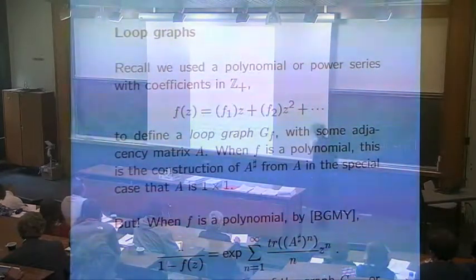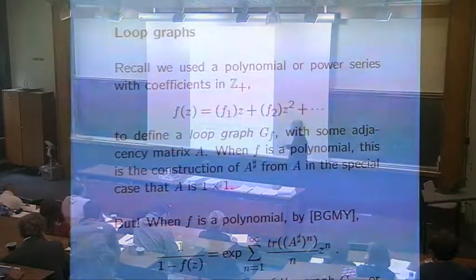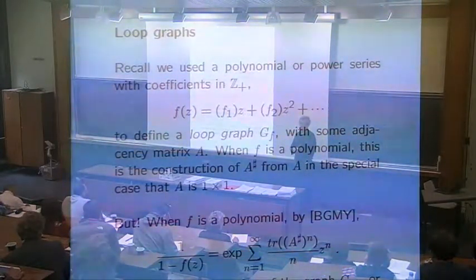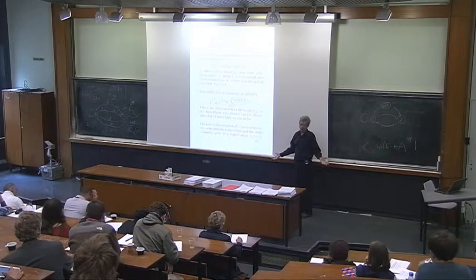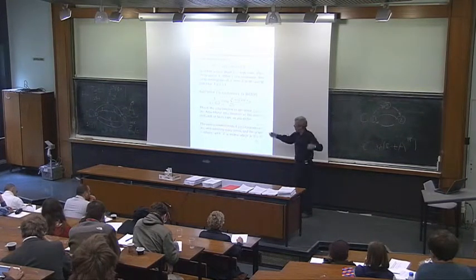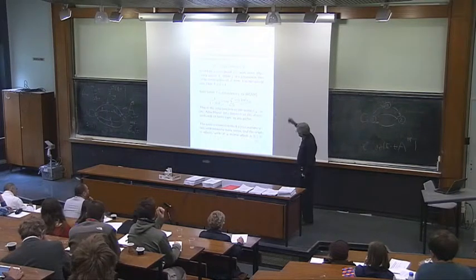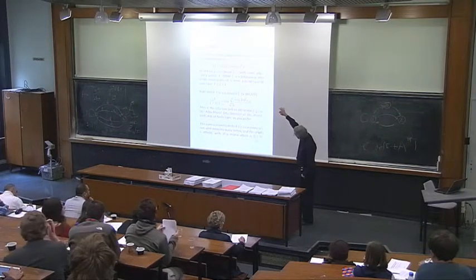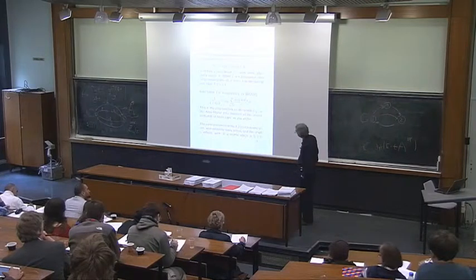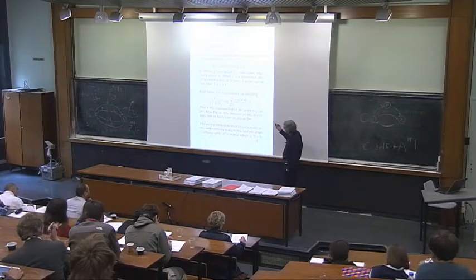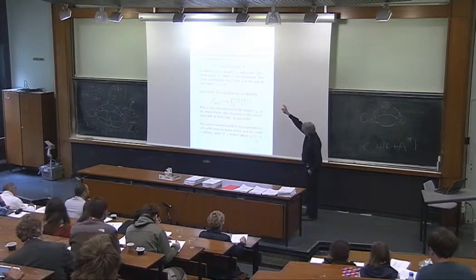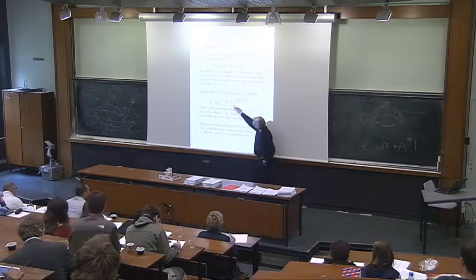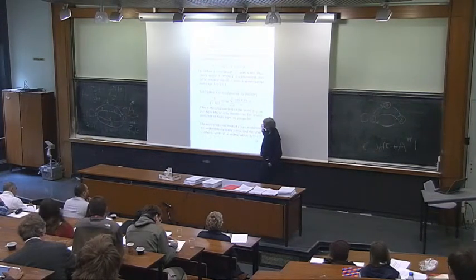Okay. And well, now once we know that this is true for a polynomial, it's going to be true for a power series. Okay. Why? It's just formal power series again. If f has infinitely many terms, it's an honest power series. Well, why should this be true? What does it mean for this to be true? It means that there's an equality of formal power series.